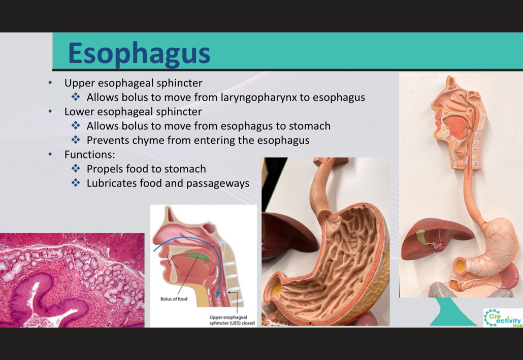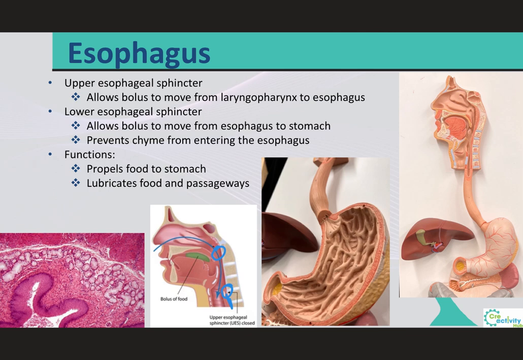Next, we have the esophagus, which is basically a muscular tube that connects the pharynx to the stomach. As we can see over here, the upper esophageal sphincter will control the movement of food from the pharynx into the esophagus.